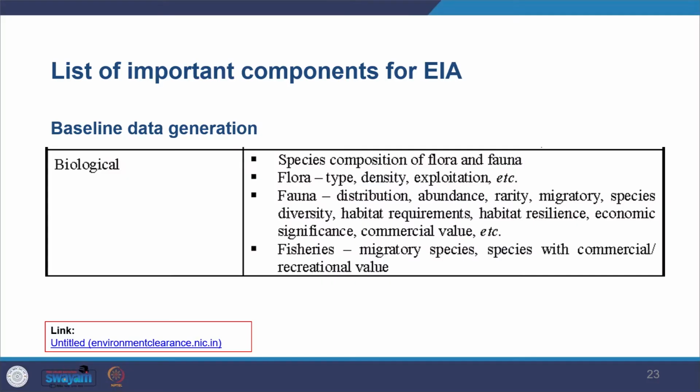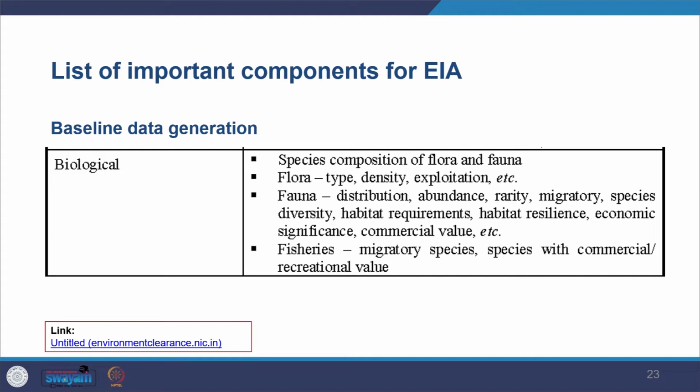Here you can see the list of important components for EIA. I have taken it from the manual for thermal power plants. You can see what kinds of studies are suggested in the biological domain. One needs to undertake species composition of flora and fauna, and flora type, density, and exploitation.